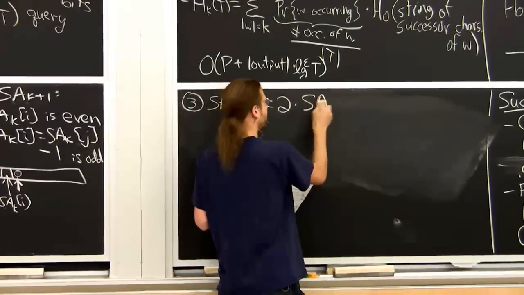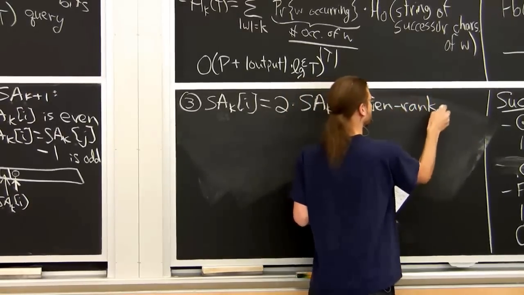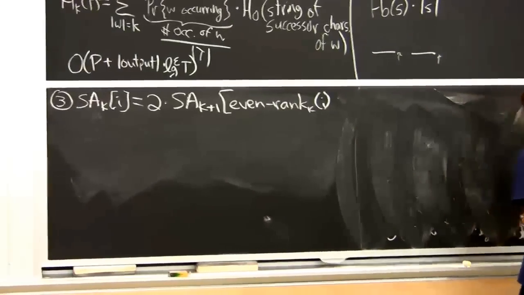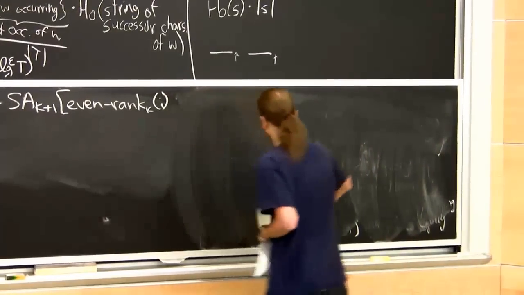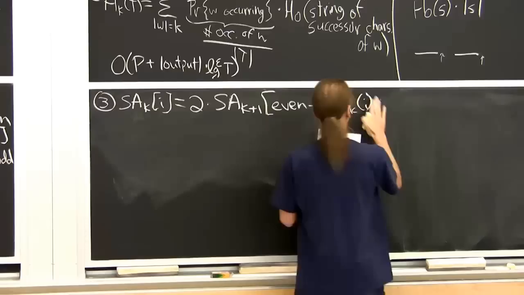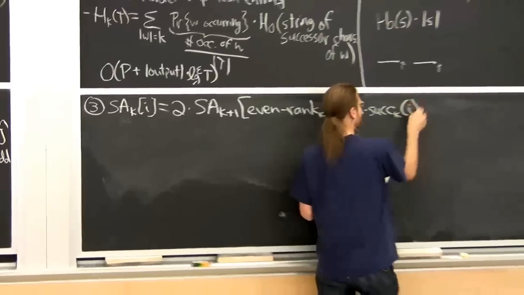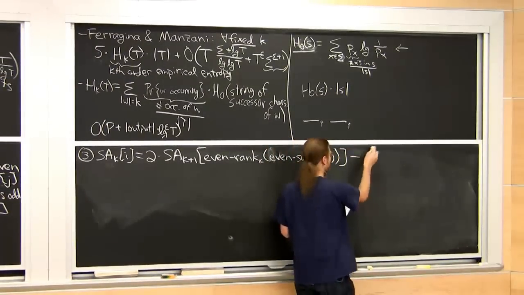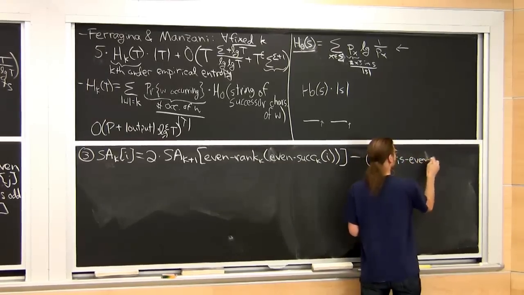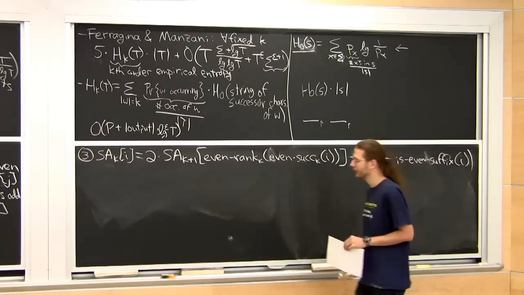Take 2 times SAK plus 1 of, sorry, not of i, even rank of even successor of i, minus 1, minus is even suffix of i. Okay, so that's the equation.